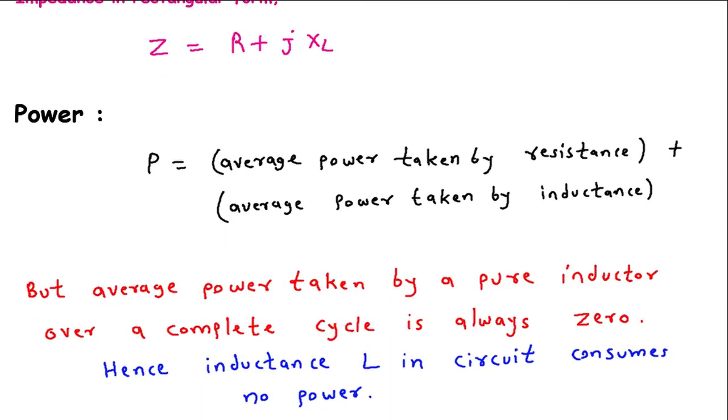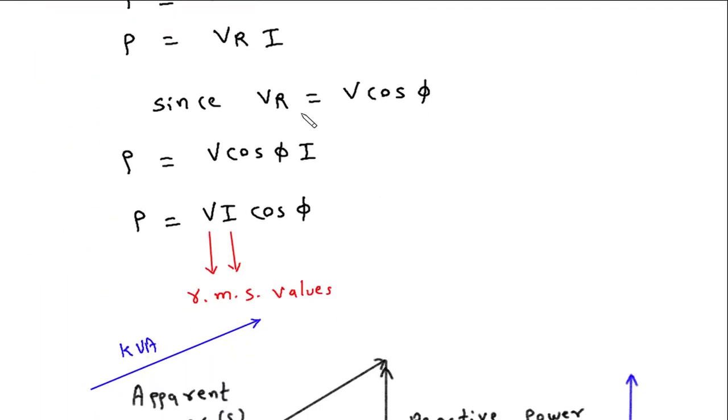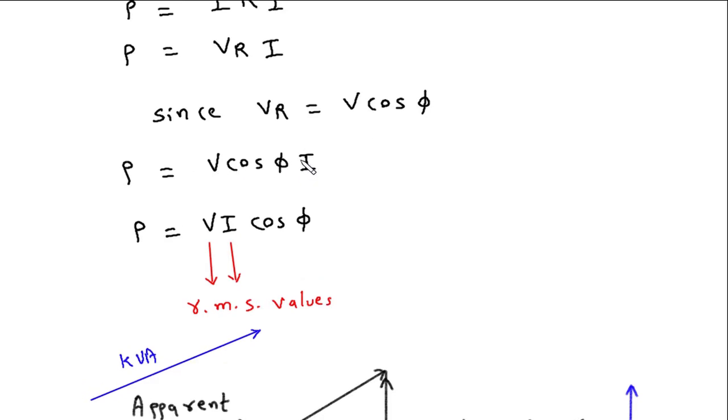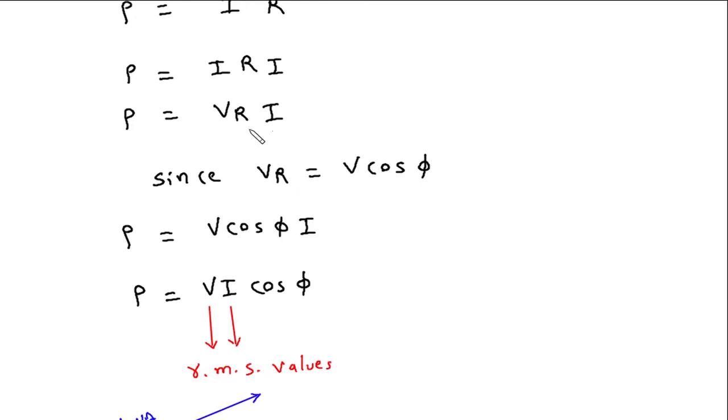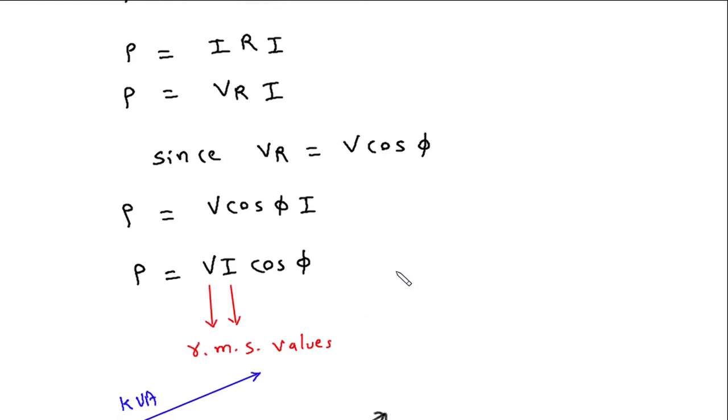We will substitute this value here. Now power is equal to V cos phi into I. This I as it is, we replace VR by V into cos phi. Now V into I into cos phi is equal to power. Now this V and I are the RMS values.